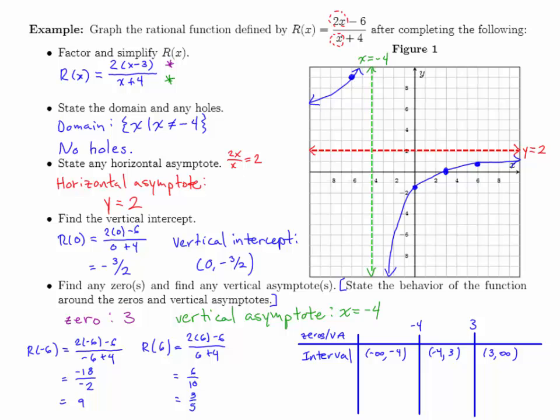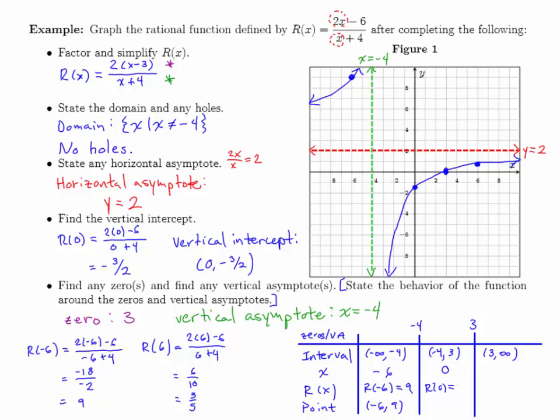Okay, so we need to know what happens over that interval, so we can pick some value of x and then find r of x. And that's precisely what we did. We took an x value of -6 and found that r of -6 was 9. And then we plotted that point, -6, 9. Between -4 and 3, that was already done for us because we'd taken the time to find that vertical intercept.